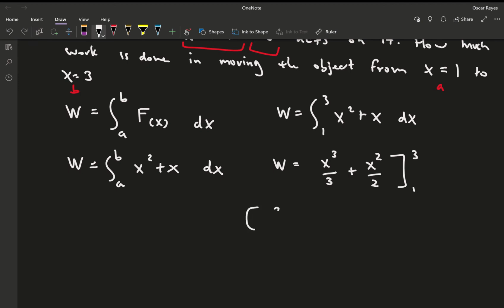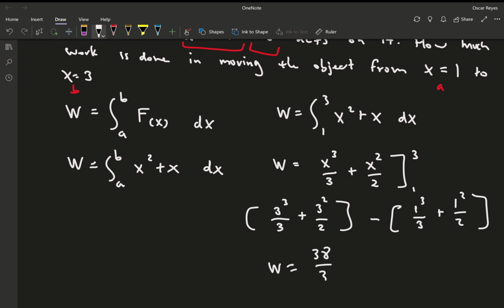Our 3 cubed over 3 plus 3 squared over 2, which is our f of b, minus 1 cubed over 3 plus 1 squared over 2, which is our f of a. And that should give us that the work is going to be 38 over 3 foot-pounds.